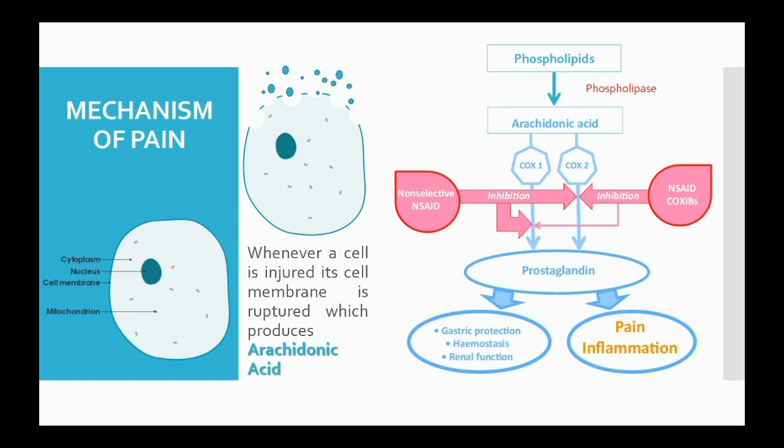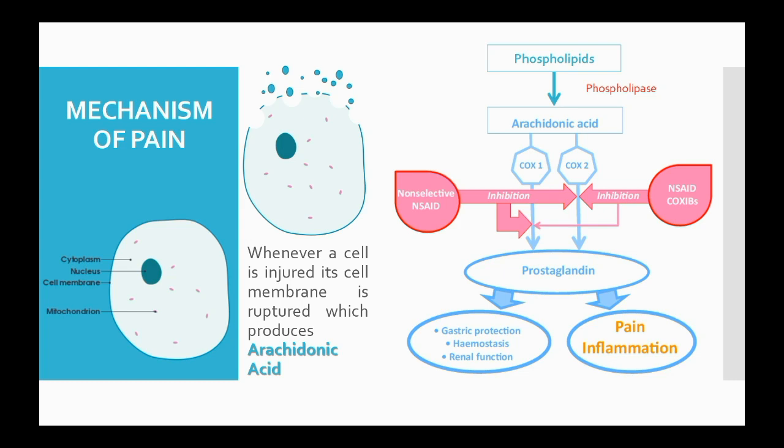When cyclooxygenase 2 acts on arachidonic acid, it produces those prostaglandins which produce pain and inflammation. So if we want to reduce pain and inflammation, we have to inhibit this cyclooxygenase enzyme.